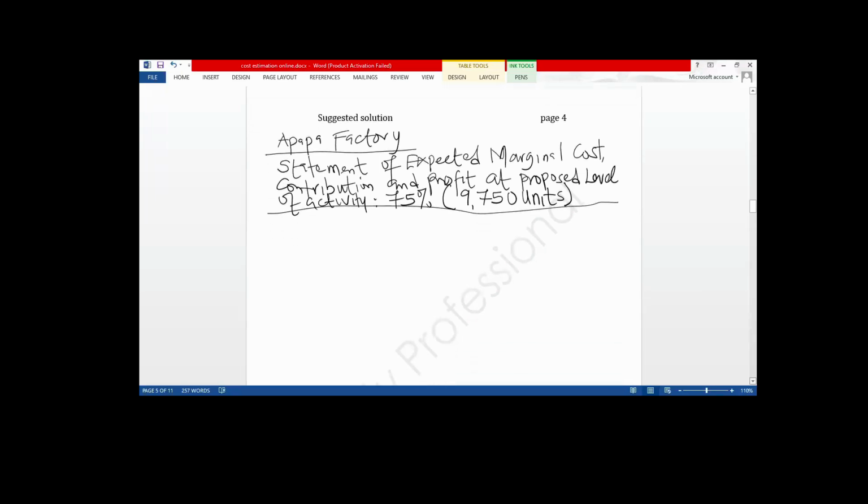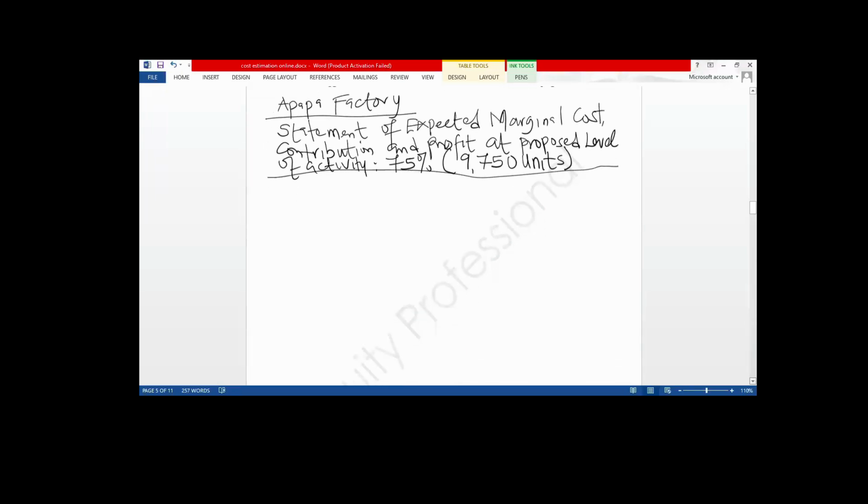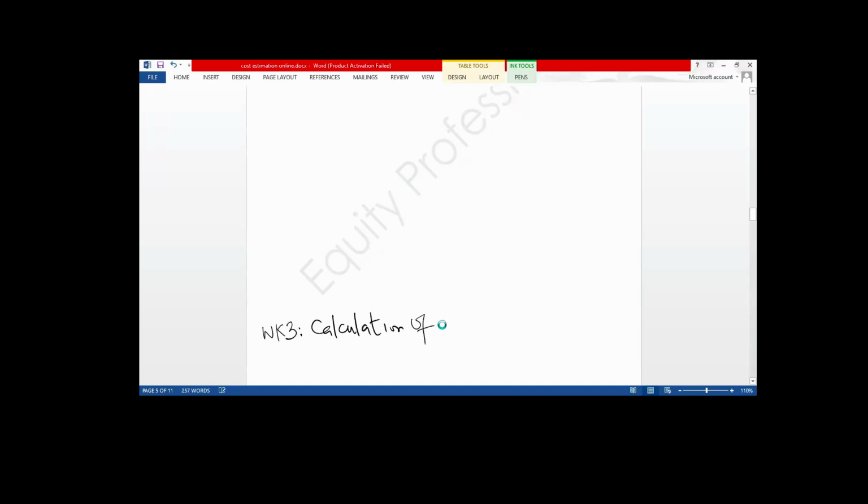We need to determine the selling price, because to work out profit there should be a selling price. Calculation of selling price per unit.